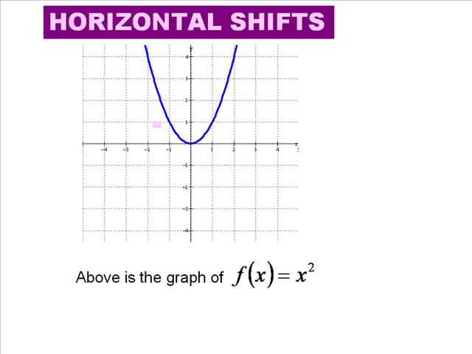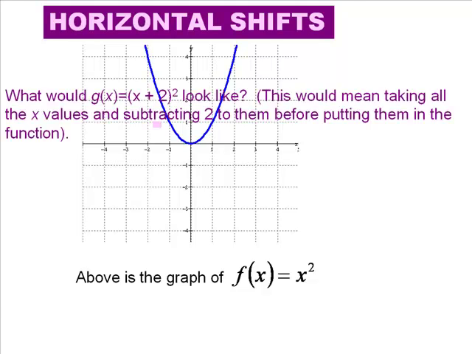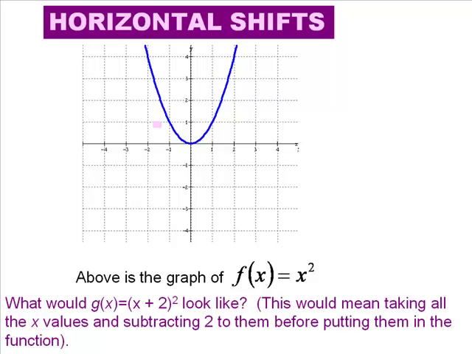So let's look at this function above. Here's our parent function, and notice that we have here g of x is equal to the quantity x plus 2 squared. Now notice that there is a plus sign, and so that means that we're going to subtract 2 from all the x values.